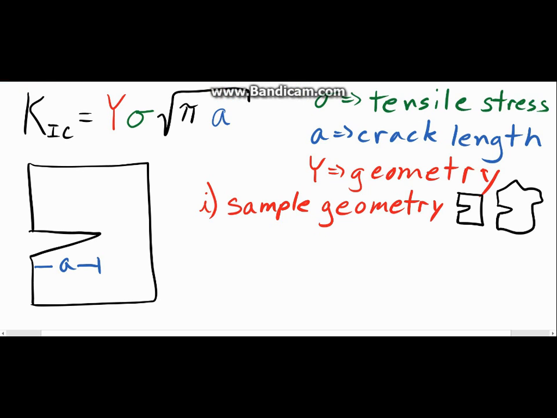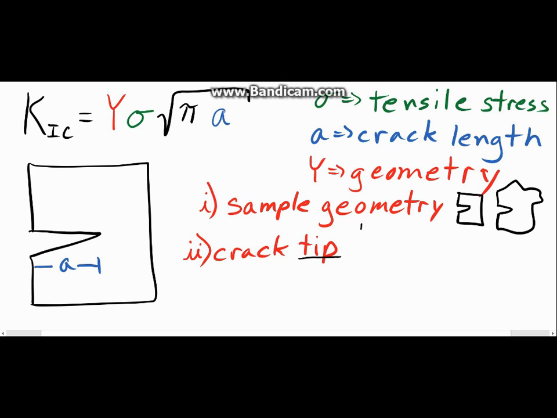The second type of geometry that we're worried about is called the crack tip. Now, what this means is that depending on how the tip of the crack is, we will have a different response.